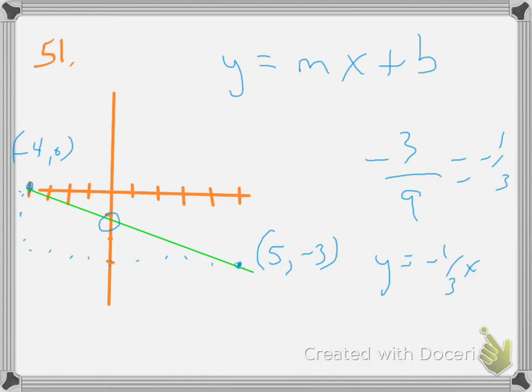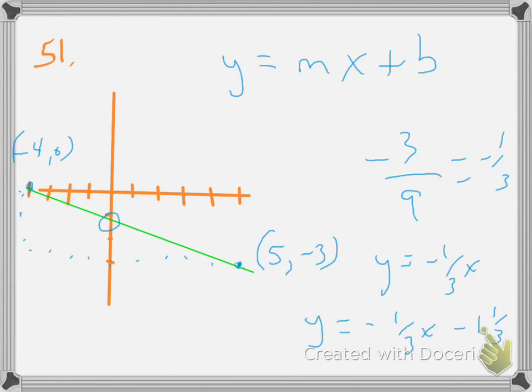I'm going to make a guess. It looks like 1 1/3. Actually, it looks less than that, but since we're having a slope of 1/3, I'll bet the answer is minus 1 1/3. That's what I'm guessing.